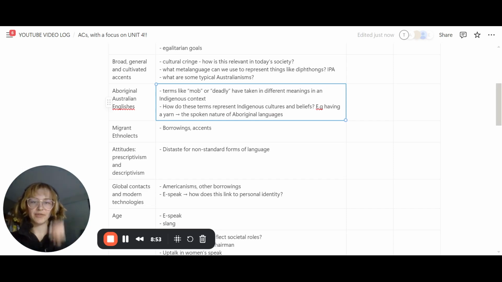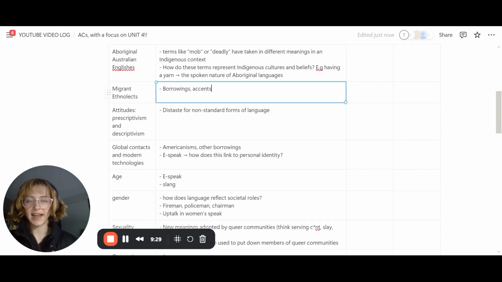And they mean different things, because they've undertaken semantic shift when used in the context of Indigenous Australians. And then need to think about, how does this represent their identity, and what about the attitudes towards them when they say this sort of stuff? And consider, what is their response, the attitudes towards them using this language.